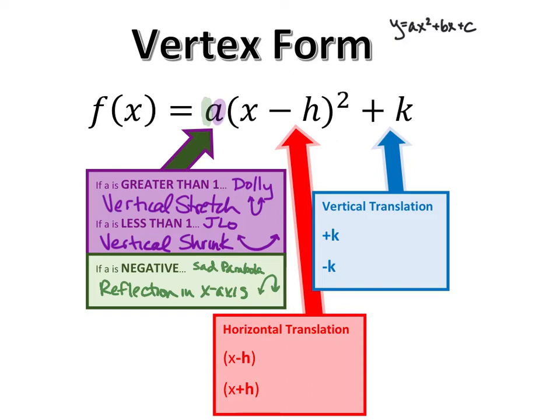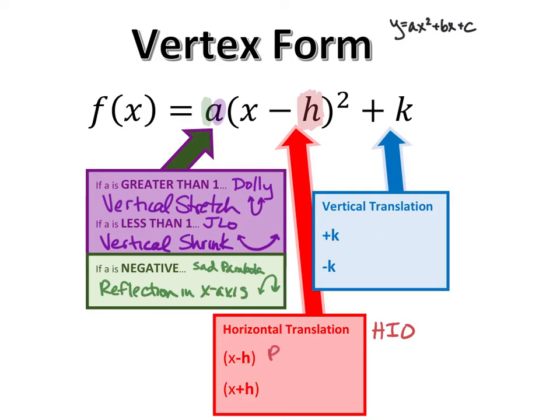The number inside the parentheses is h, and h is going to tell us how much it moves side to side. Now, since there's already a minus sign in the formula, that means we're going to go the opposite direction because horizontals are inside and opposite. Hi-oh. So if you have a minus sign in your formula, that means we've plugged in a positive number.